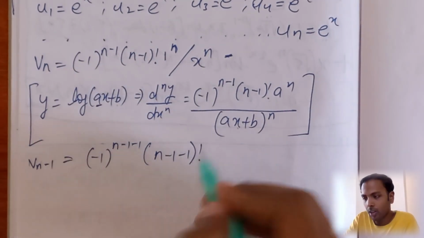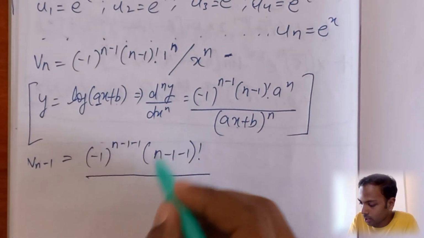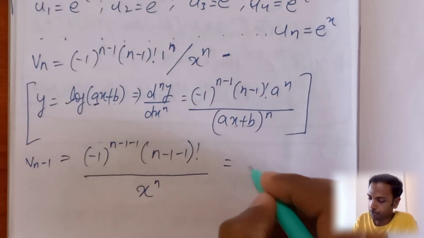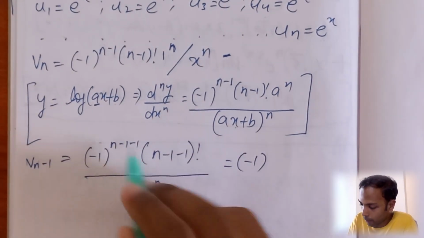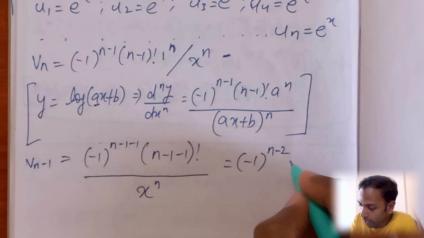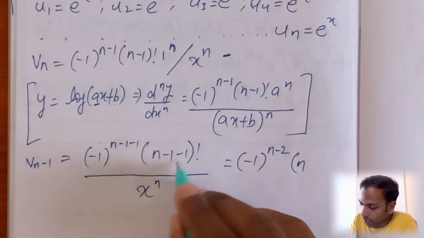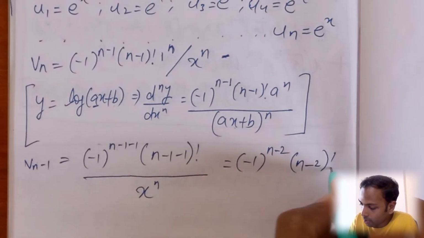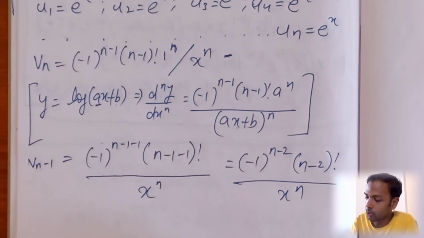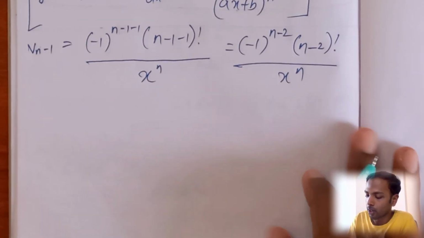And 1 to the power anything is 1, so I'm not going to write it, divided by x to the power n. This is nothing but (−1)^(n−1) into n minus 2 factorial by x to the power n. So this is Vn−1.